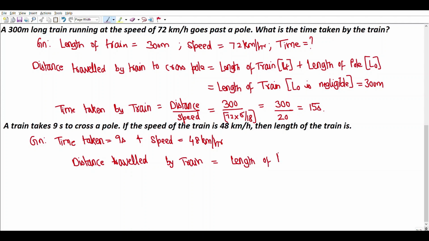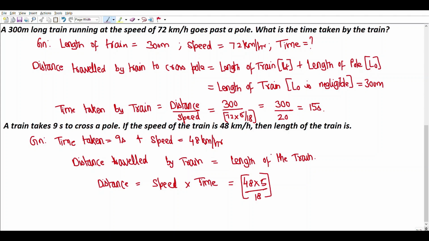Therefore, if we find the distance from the speed and the time taken given in the question, we can compute length of the train. We know that distance is equal to speed into time taken. Therefore, we know that speed as 48 km per hour. Since we want everything to be the same metric unit, we are converting speed into meter per second.